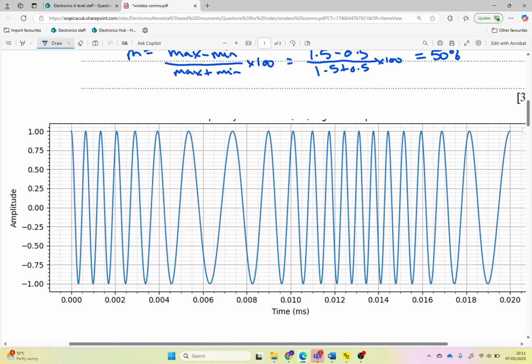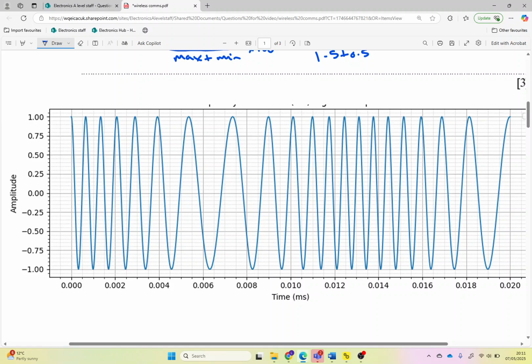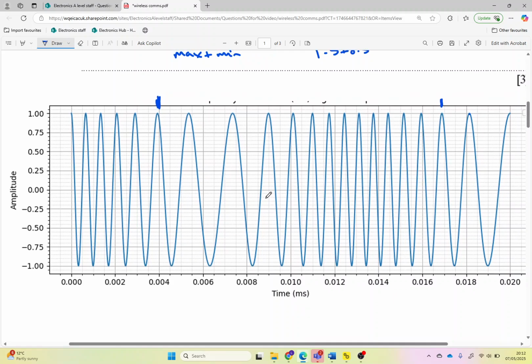So we're going to do the same sort of thing here with the FM signal. We're looking again for somewhere where it is doing one complete cycle. I'm going to take this point here, doing one complete cycle, and it does one complete cycle again at around about that point there, I reckon. I was just checking that.